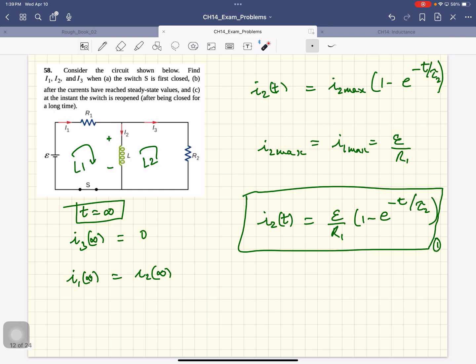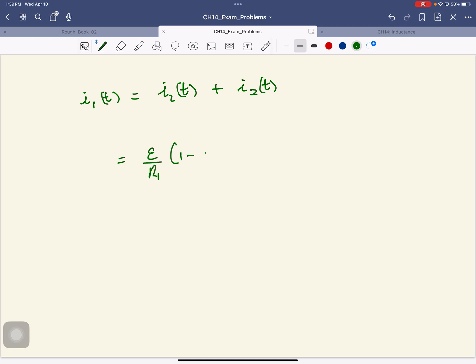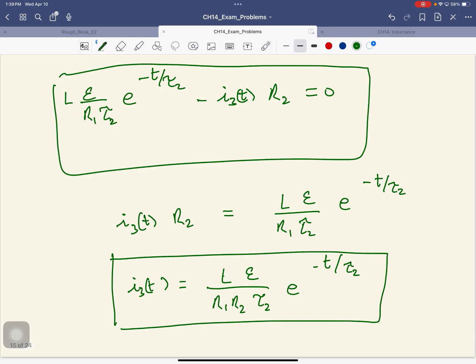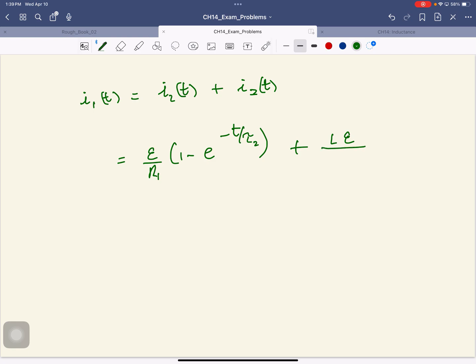So you can use that to get I1(t): I1(t) equals I2(t) plus I3(t). I2(t) was E over R1 times 1 minus e to the power of minus t over tau 2, and I3(t) is L E over R1 R2 tau 2 times e to the power of minus t over tau 2.